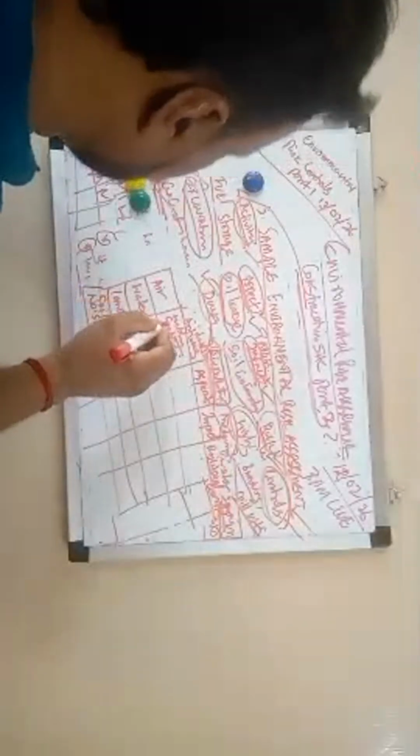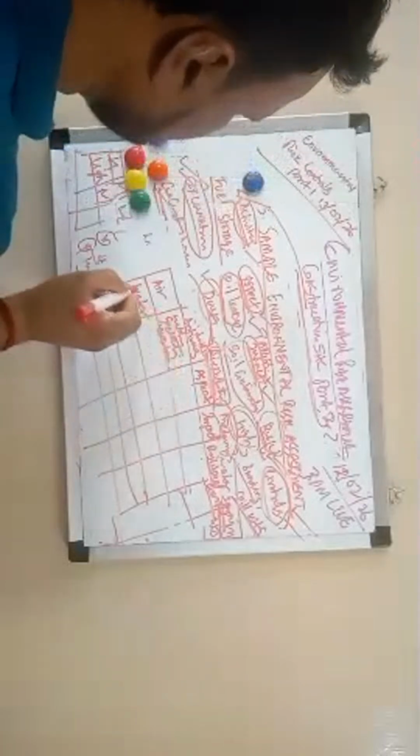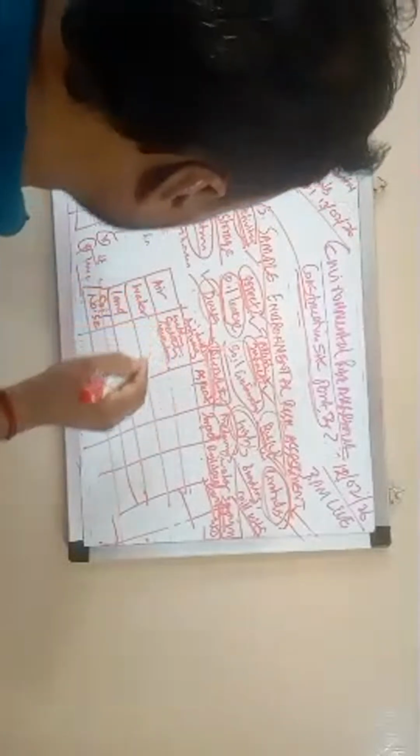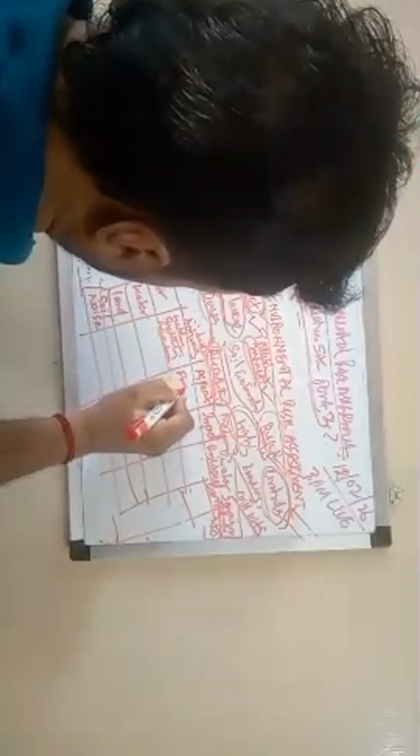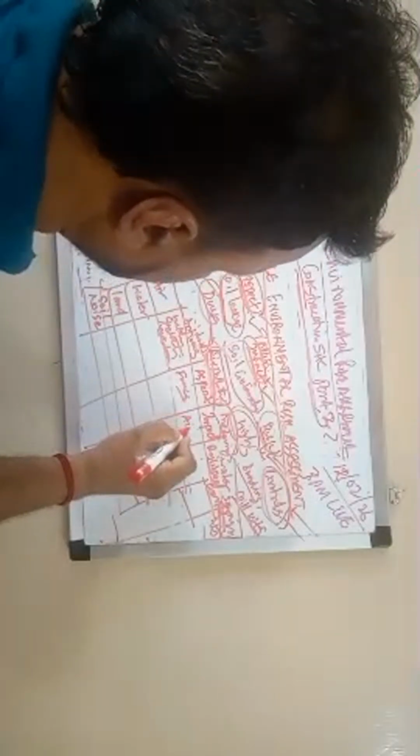So, in case of gasketing, what will be the environmental aspect? Fumes. Then what will be the impact? Impact is air pollution. Then what will be the risk? Risk level is medium because it's very minor fumes.